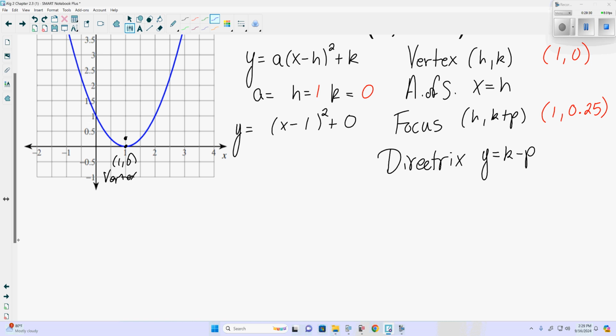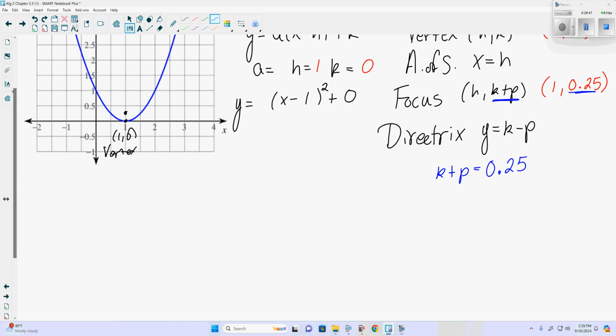A, but to find A, we need P. K plus P is equal to 0.25. Solving for P in this one is actually very nice.